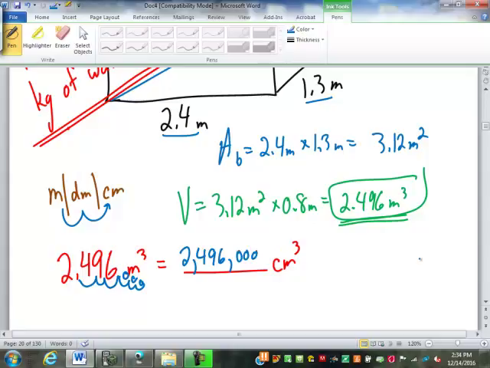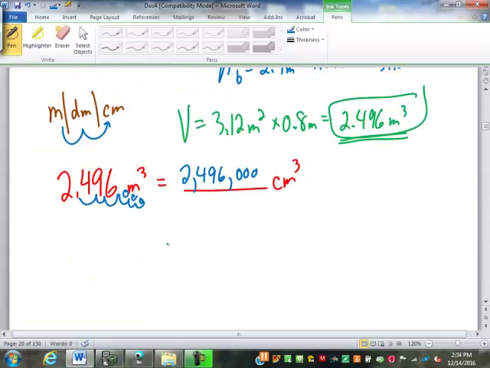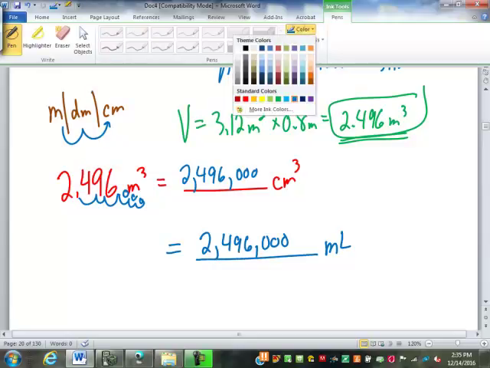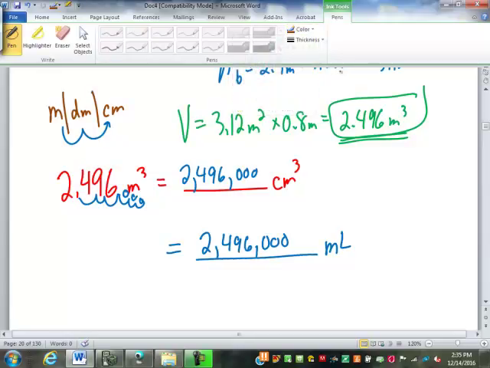So that's a lot of cubic centimeters. How many milliliters is that going to be? Well, 1 milliliter is 1 cubic centimeter, so that'd be 2,496,000 milliliters. How many grams would that be? Well, if it's water, 1 milliliter is 1 gram of water.